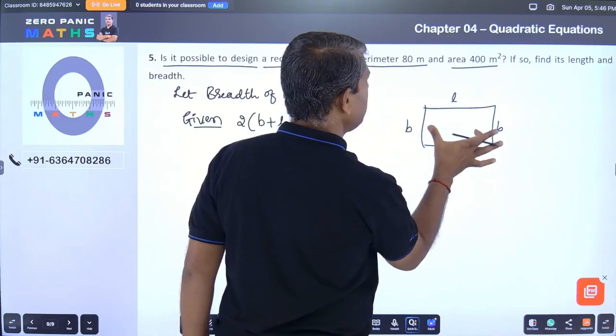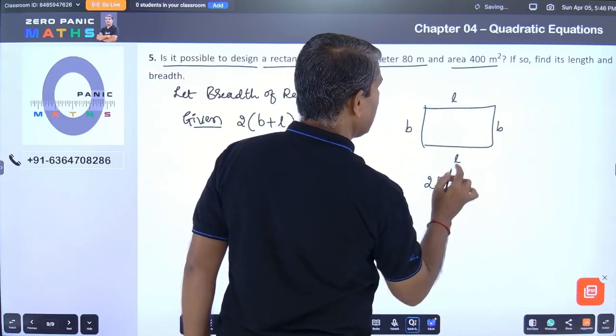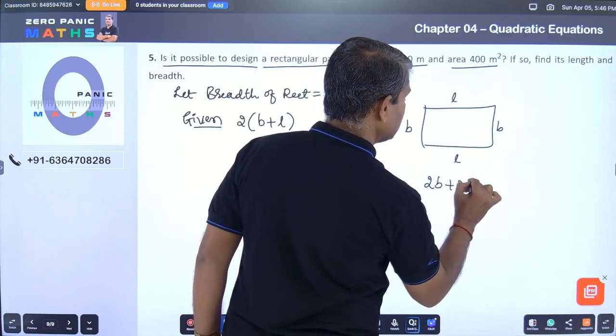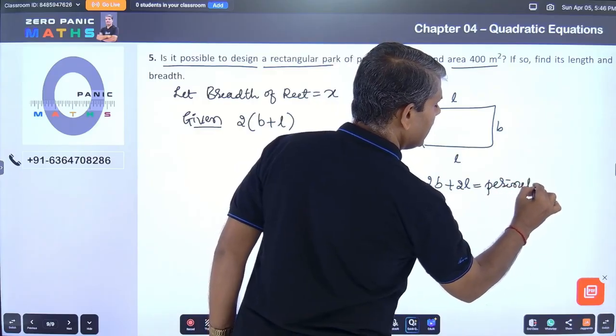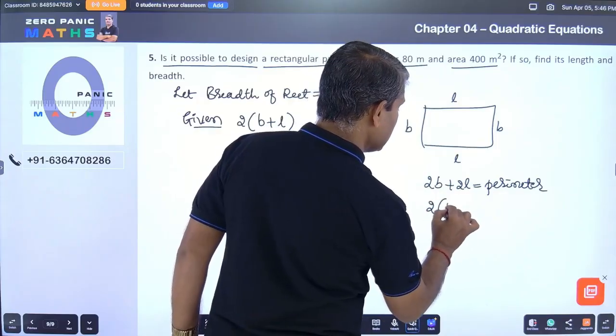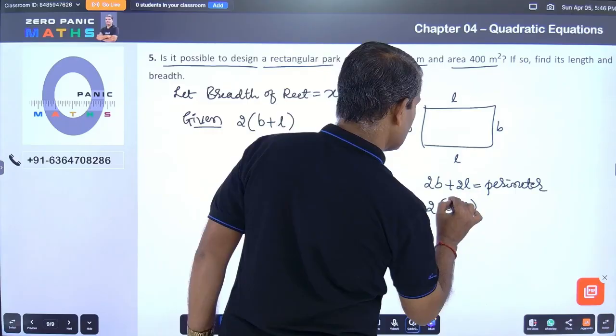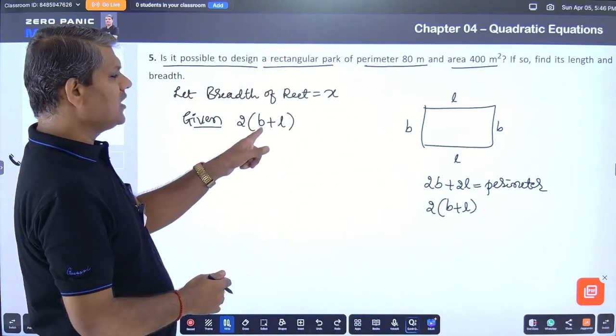So 2 times b, and 2 times length. This is the perimeter of a rectangle. I wrote it as b plus l, taking 2 common out. 2 times breadth plus length is the perimeter.